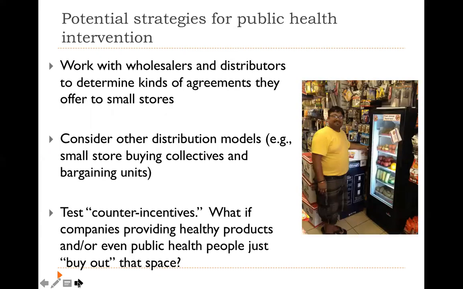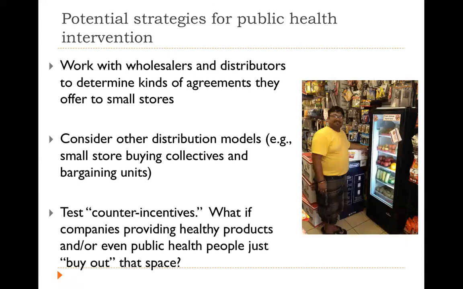So this work yielded a few potential intervention strategies to consider. First of all, I think we felt it was important to work with wholesalers and distributors to determine the kinds of agreements they offer to small stores. We need to figure out what those agreements are, and also how they differ by product type, and Melissa's going to talk a lot more about that in the next presentation.